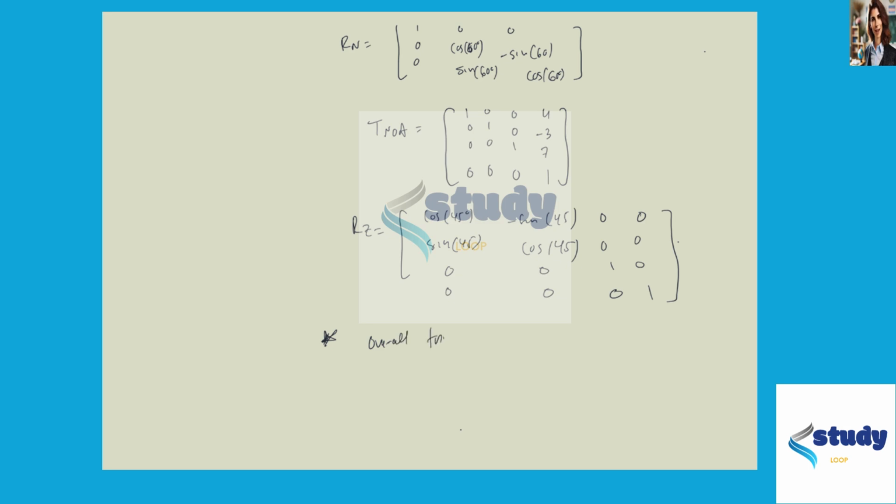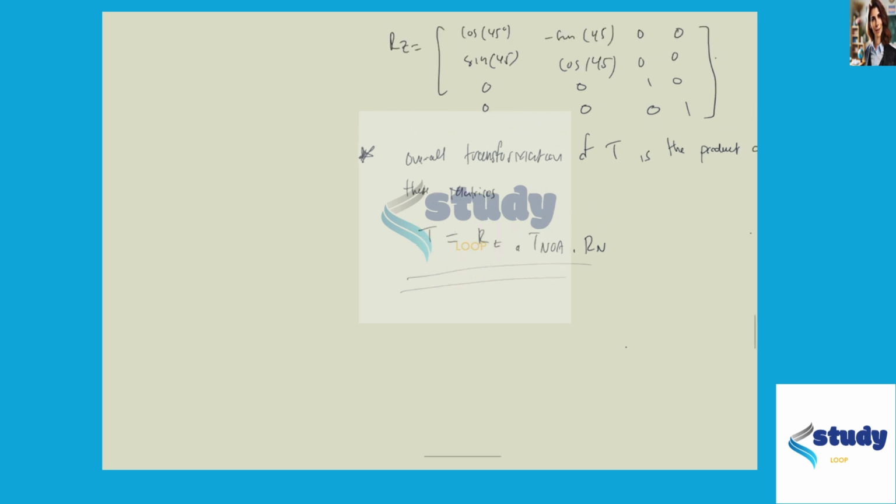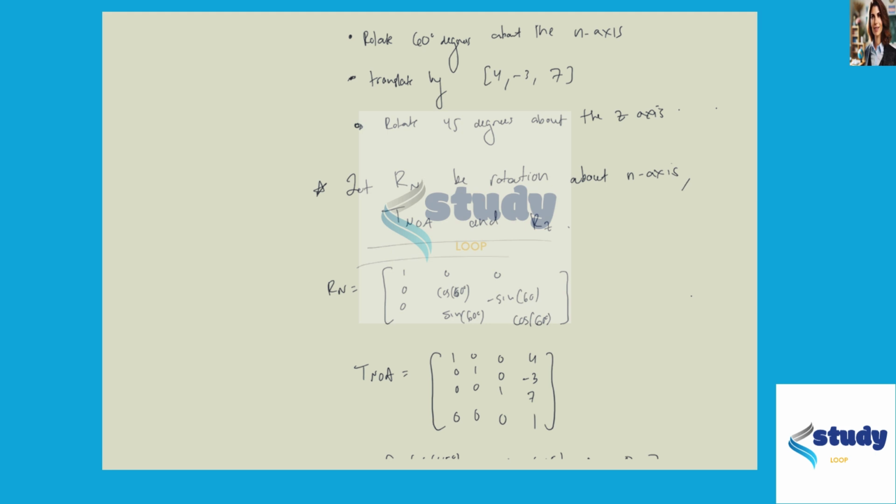The overall transformation of T is the product of these matrices, like before, which is going to be T equals R of z times T of NOA times Rn. Okay, let me make sure there we go.